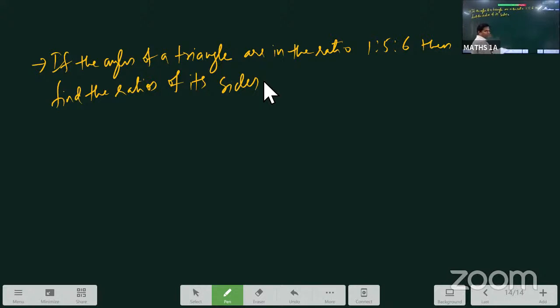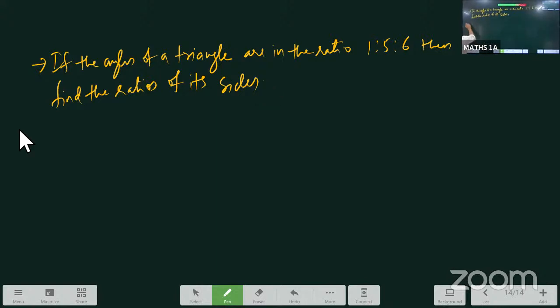So this is your question. If the angles of a triangle are in the ratio 1:5:6, then find the ratio of its sides is asking.